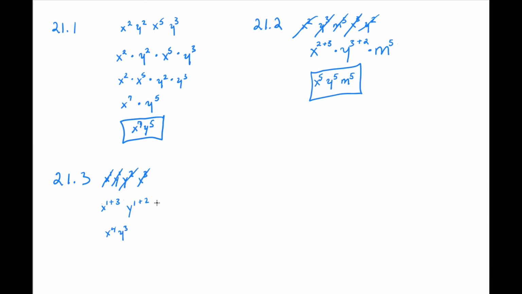Easy peasy. I actually like this method better than this method because it's just a little bit more clear. It helps me to see what I'm doing. Okay, whichever one you want to use is fine. This is the one I like for myself.